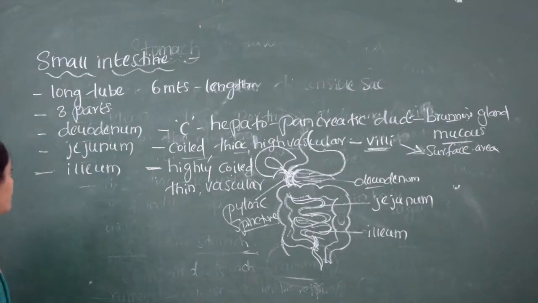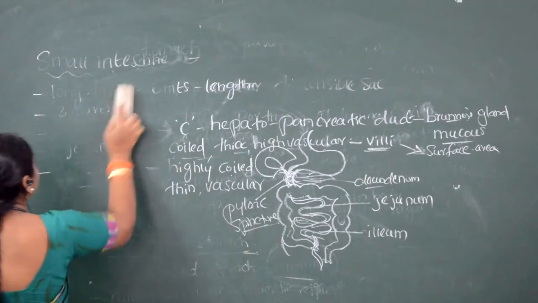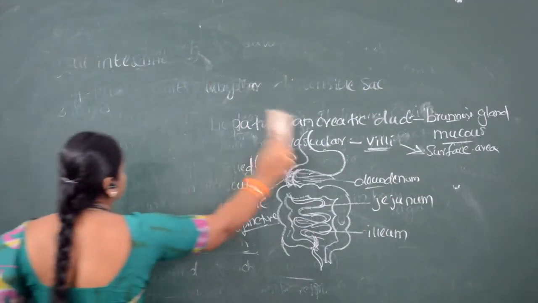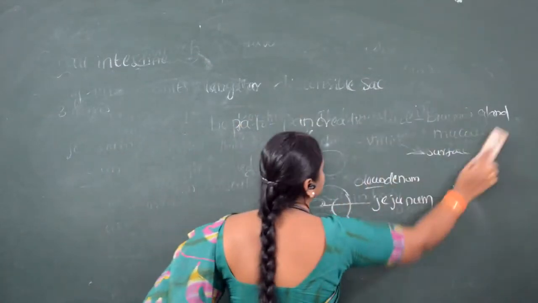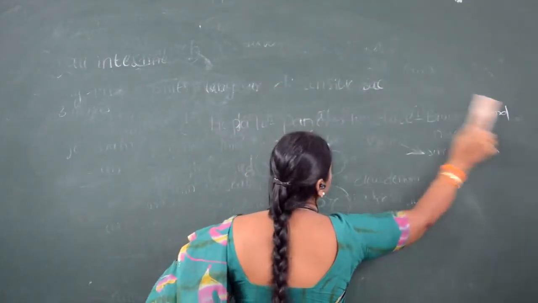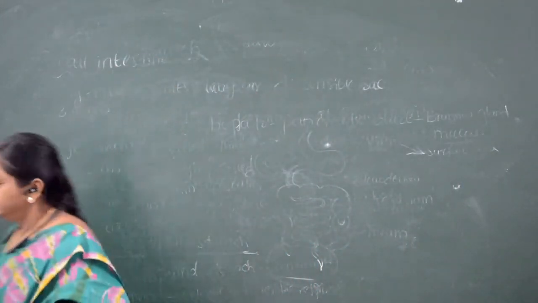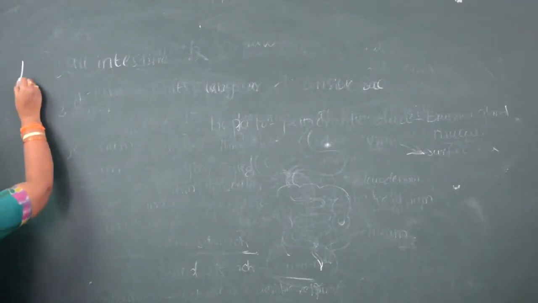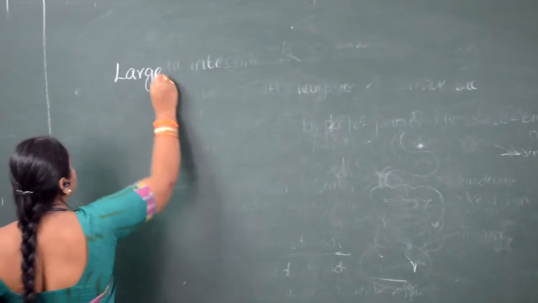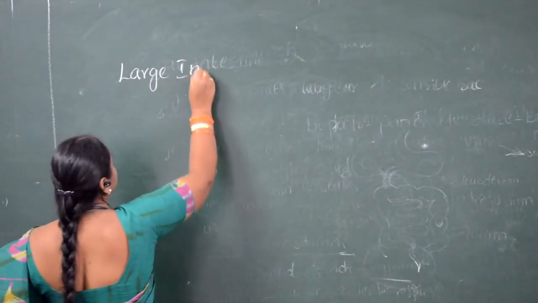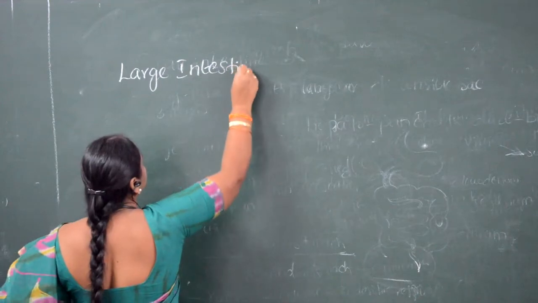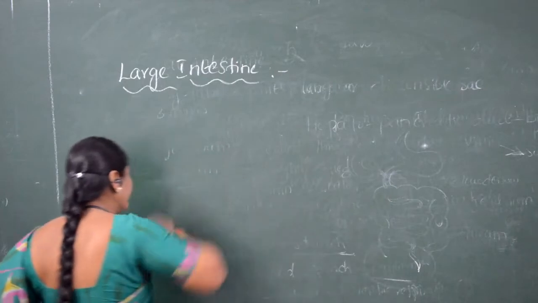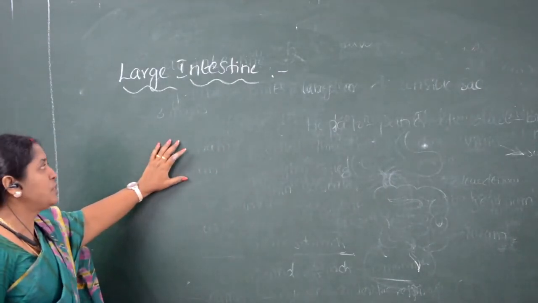The next part of the alimentary canal is the large intestine.